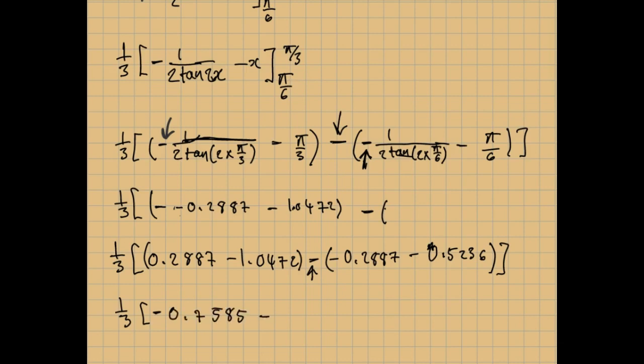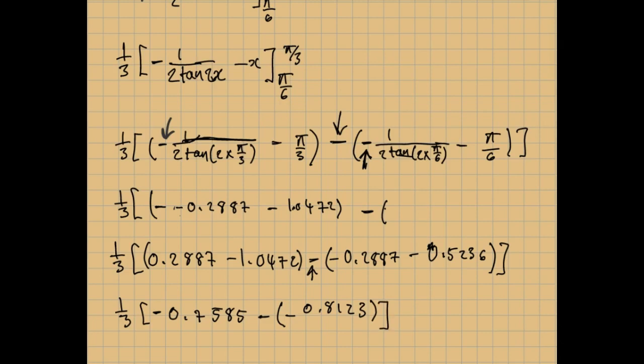So it's negative 1 over 3 multiplying negative 0.7585 minus, now what goes on in there? Well, I have a minus and another minus, so it's negative 0.2887 minus 0.5236. Okay, and I get negative 0.8123. And this is being multiplied by 1/3.